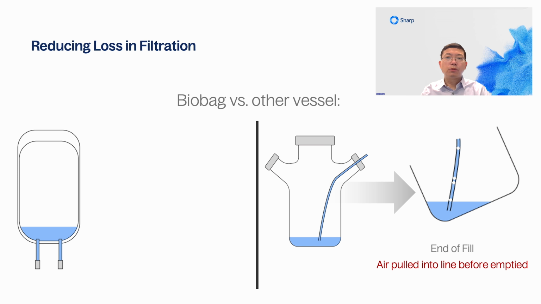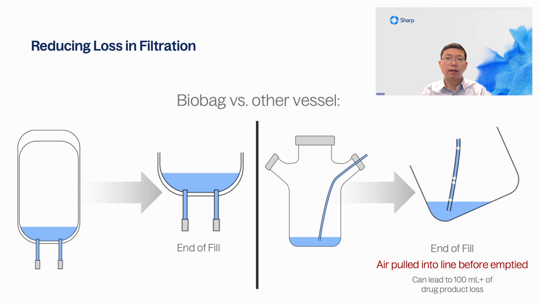Once bubbles approach the fill needle, filling activities are ended, because bubbles create out of specification weight checks. Using a spinner flask during filling can sometimes mean 100 milliliters or more is left behind in the vessel. Biobags, because they drain from the bottom of the bag, will empty completely and are preferred when volume loss is a concern to the client.